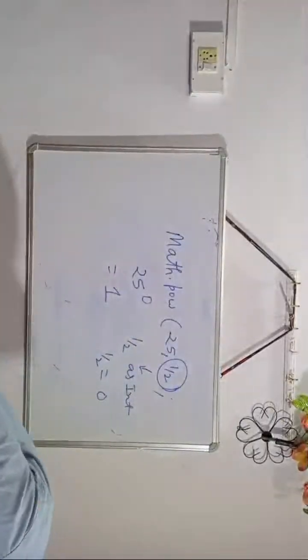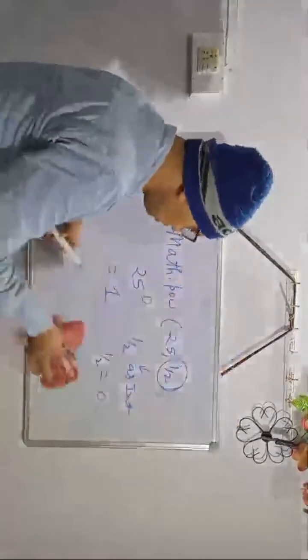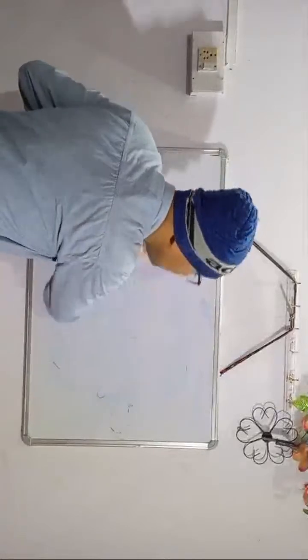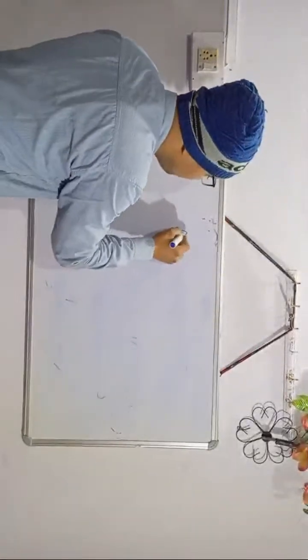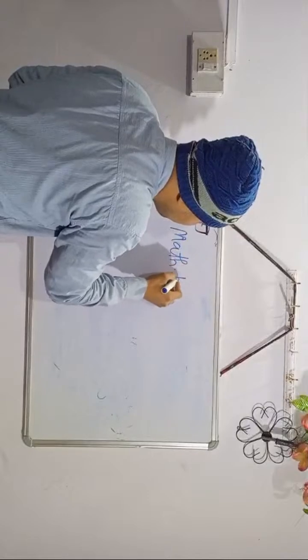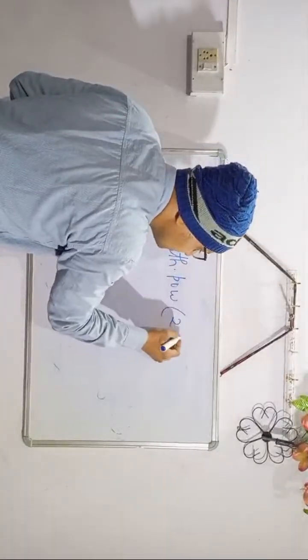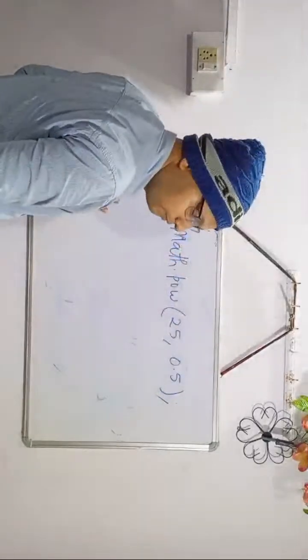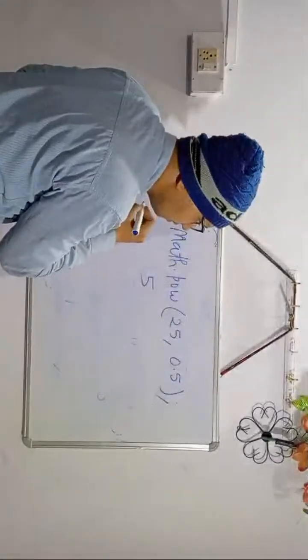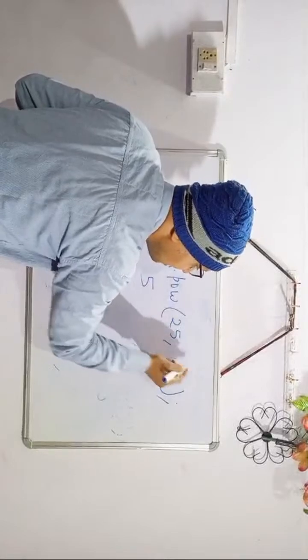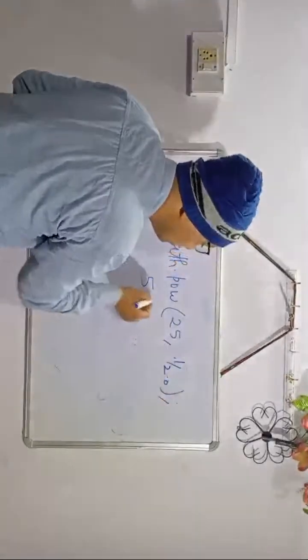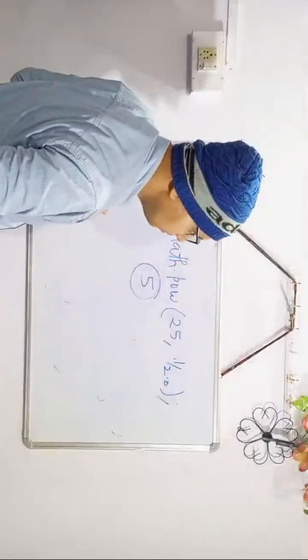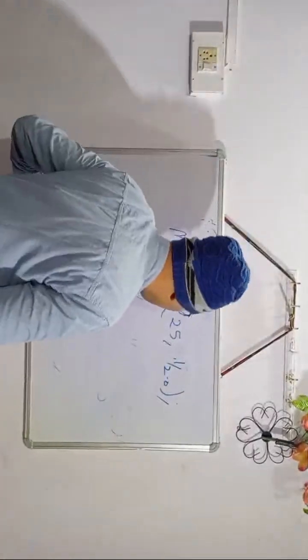Now there is a variation in this, children. If it comes as math.pow, and in the place of 1 upon 2 it is written as 0.5, then your answer will be 5. Or if it is written as 1 upon 2.0, then also your answer will be 5.